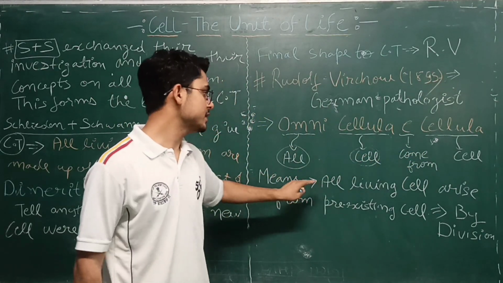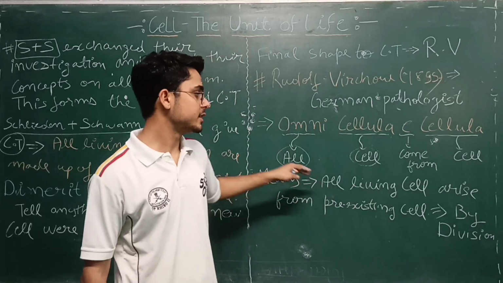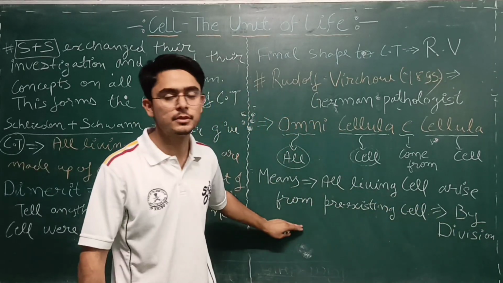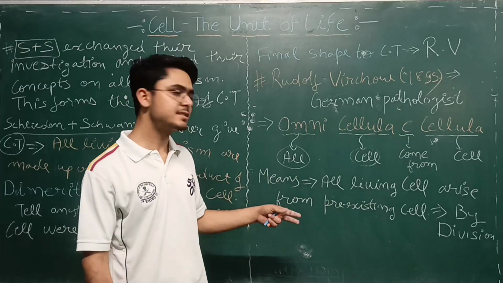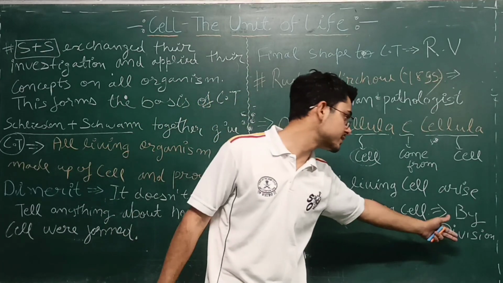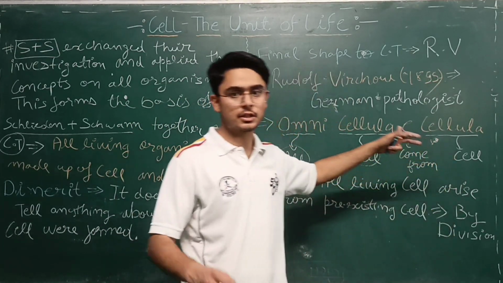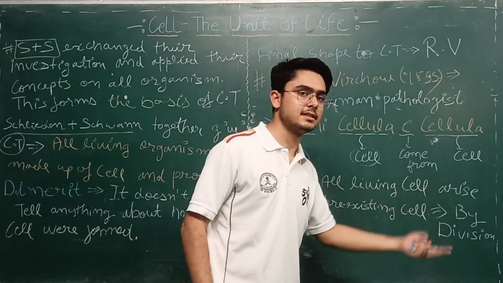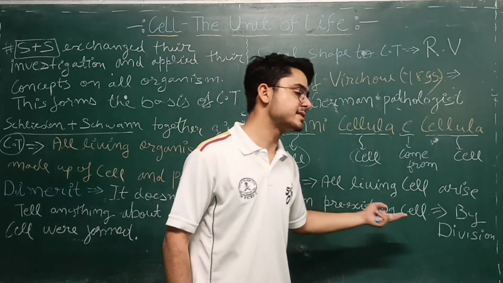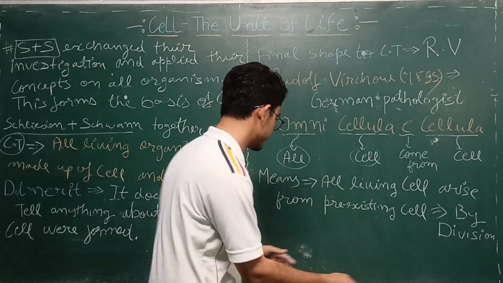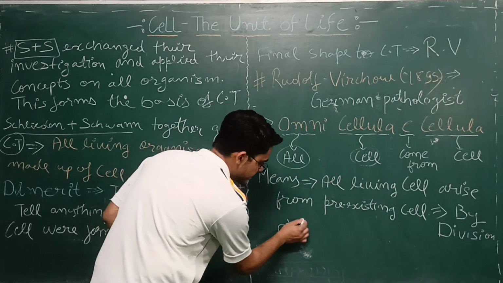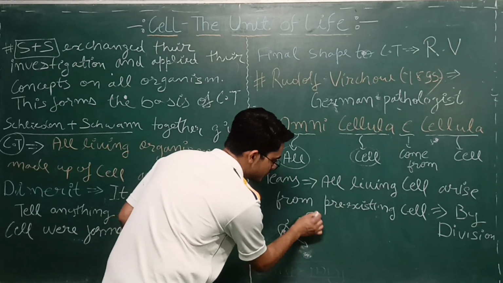If I give you the definition, it says all living cells arise from pre-existing cells. It simply talks about division. From here, the talk about division starts. Like there is a cell, it divides, and then makes two new cells.